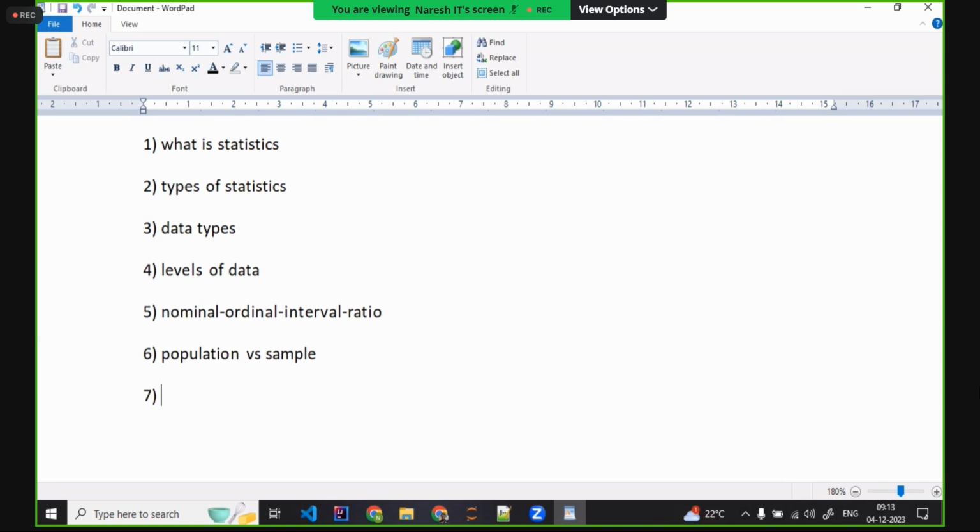Then we'll learn about data representations. So what is that? Frequency table we learn, and then frequency distribution table.